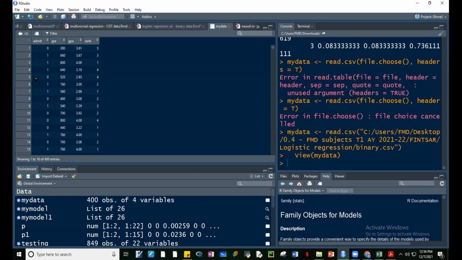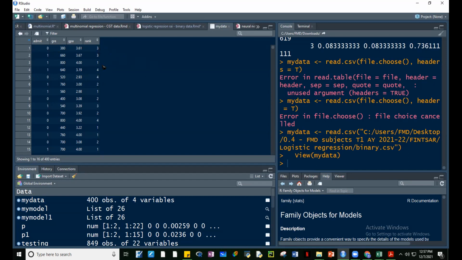You have here admit, and GRE, the Graduate Record Examination, an examination that's given to candidates applying for graduate school. In the US, this is very popular, the GRE. And then also the GPA of the student when he graduated from college. And then the rank.